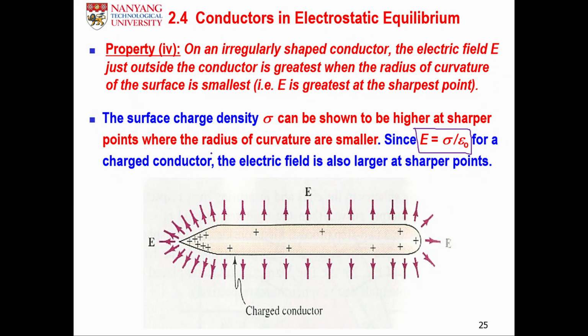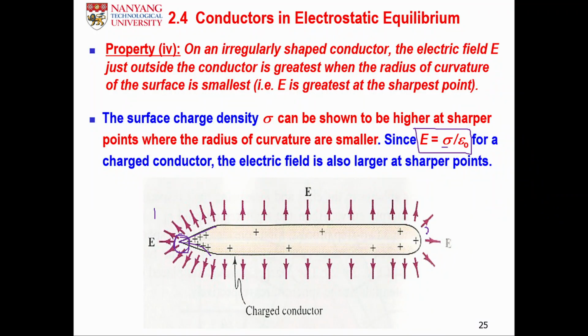What will happen is that a larger curvature for a given conductor means the surface charge density is larger. Like if you look at this kind of object, the curvature at this point is larger than the curvature at this point.